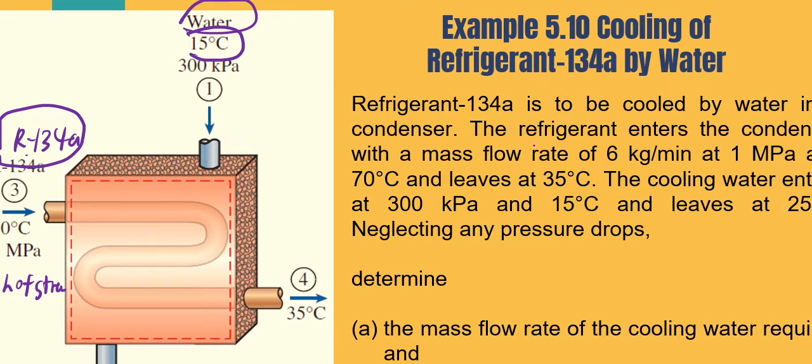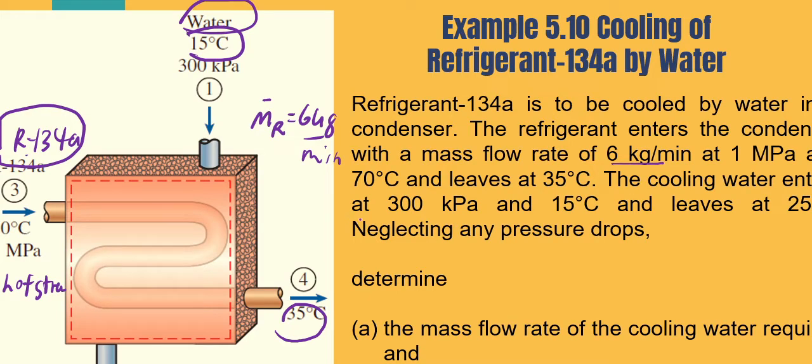Okay. Now, given that the refrigerant enters the condenser with a flow rate of 6 kg per minute at 1 MPa and 70, so this is P1 and T1 for refrigerant, and leaves at T2 for your refrigerant.